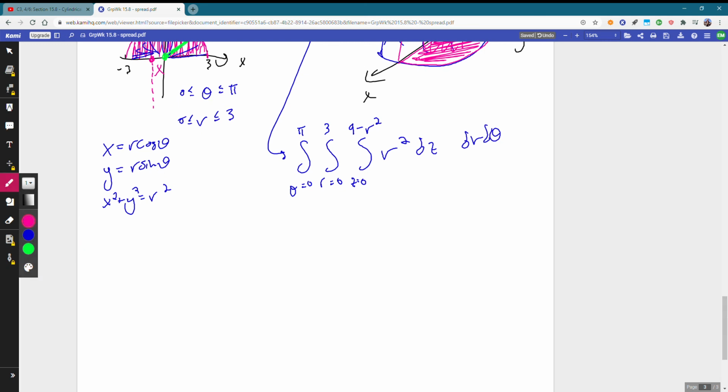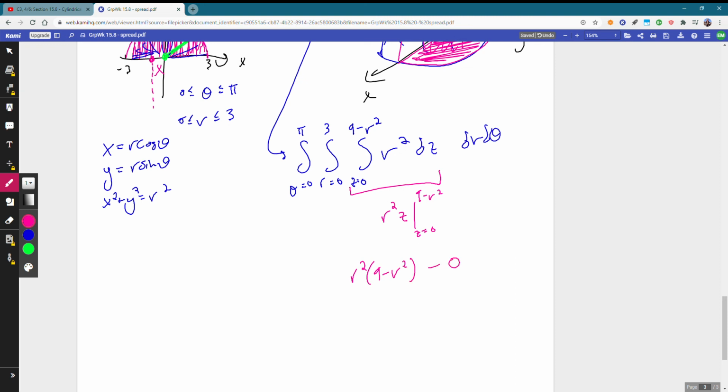All right, so our inside integral is very quick. R squared is a constant with respect to z, and so we get r squared z, evaluated from z equals 0 to 9 minus r squared. And so plugging in for z, we get r squared times 9 minus r squared.